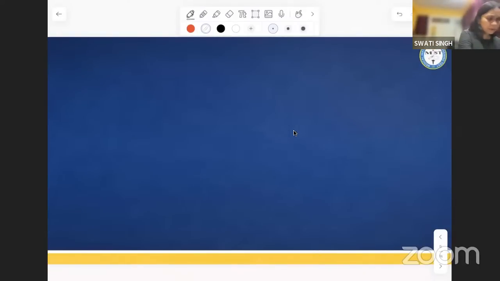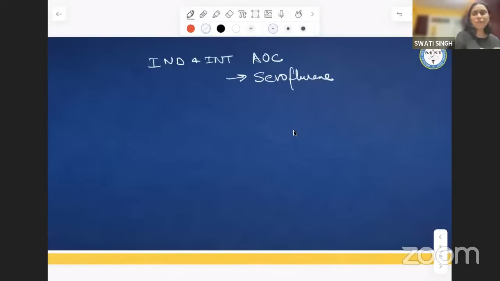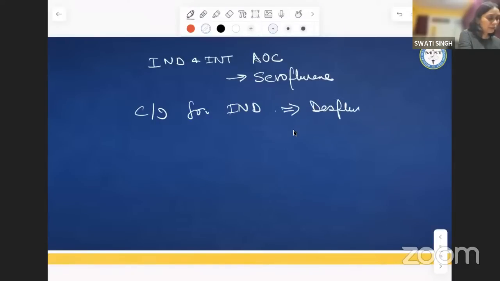Desflurane is an irritant. So we have solved two or three questions. Possible questions which can be asked in your exam: if they ask the induction and intubation agent of choice, among inhalational agents, the answer has to be sevoflurane. If they are asking which is contraindicated for induction, the answer has to be desflurane.